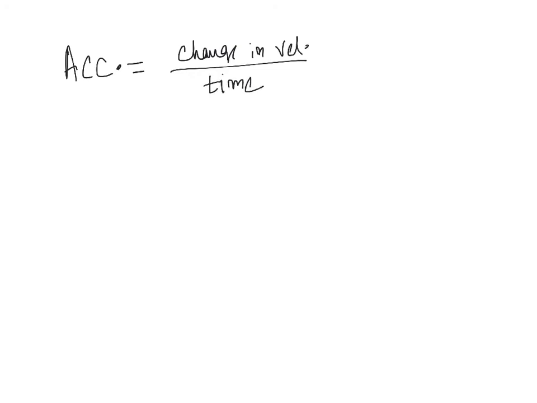Acceleration is denoted by a, and change in velocity is nothing but final velocity minus initial velocity, always final minus initial, by time.